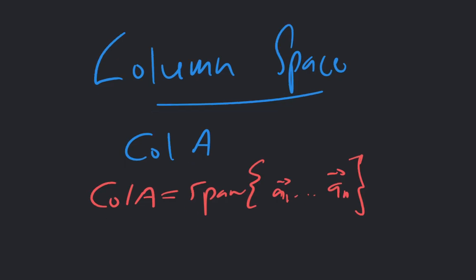So basically if we have an m by n matrix A, then each column is a vector in Rm.